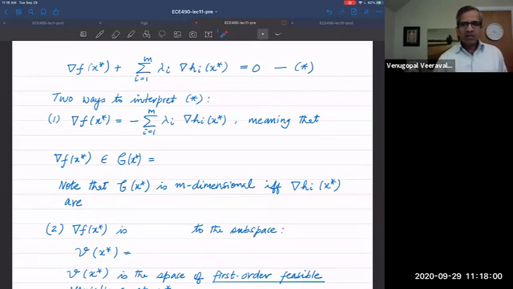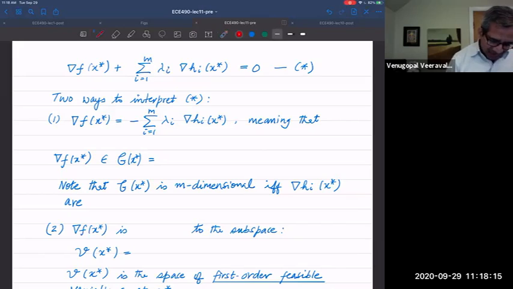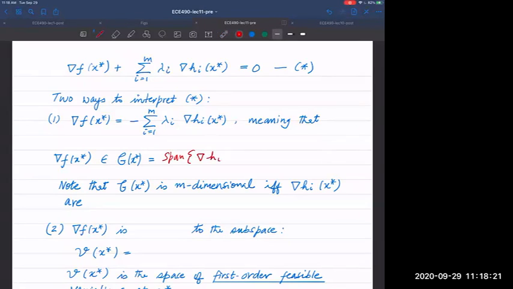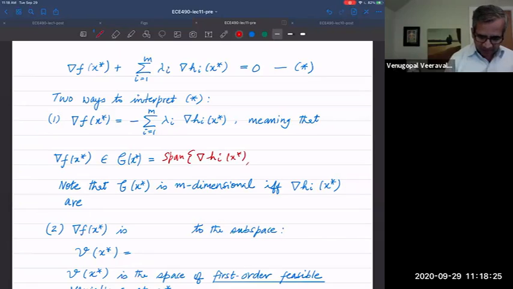So it's some linear combination essentially of the gradients of hi. So this means that the gradient of f at x star belongs to the space which is the span of the gradients of hi at x star.